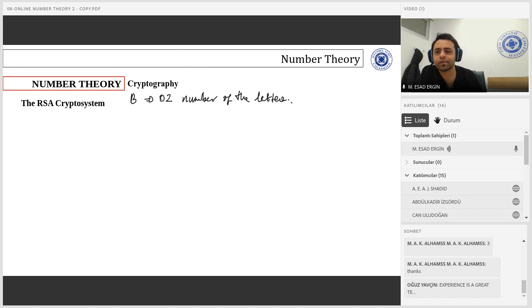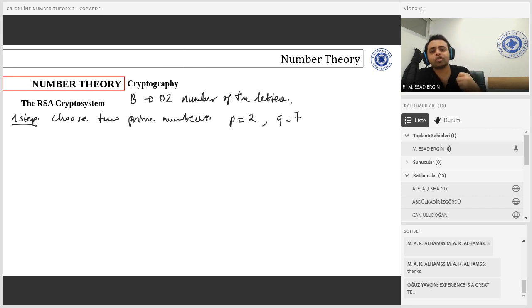Okay, what is our first step? We are going to choose two prime numbers. I'm going to choose, for example, 2 for P, and for Q it is 7.